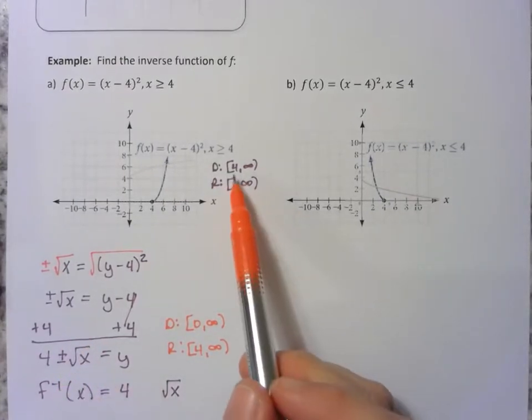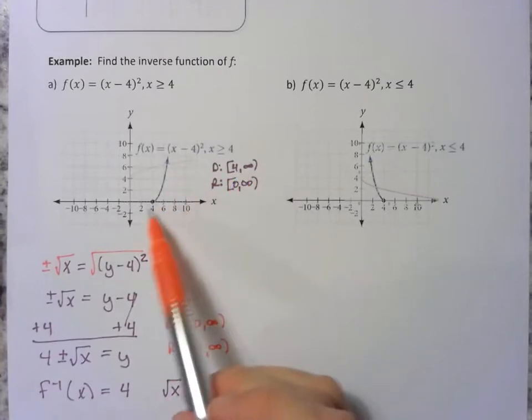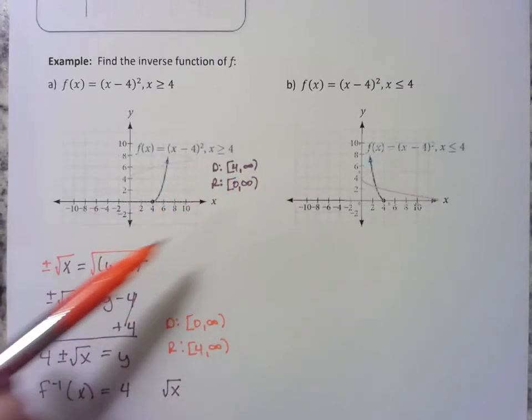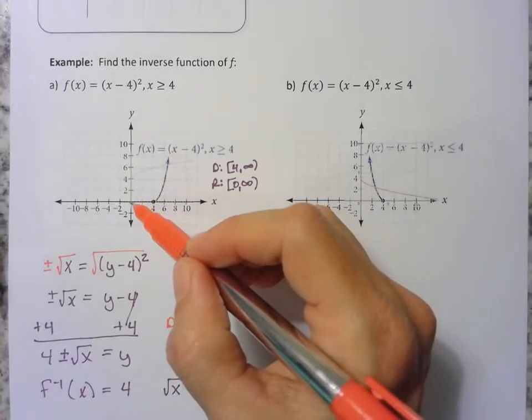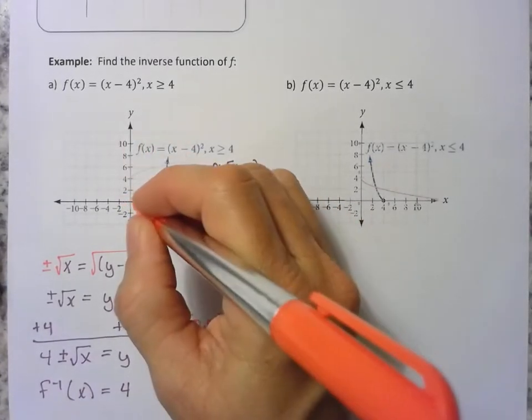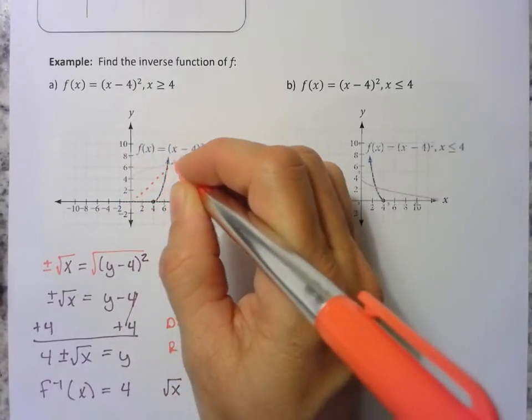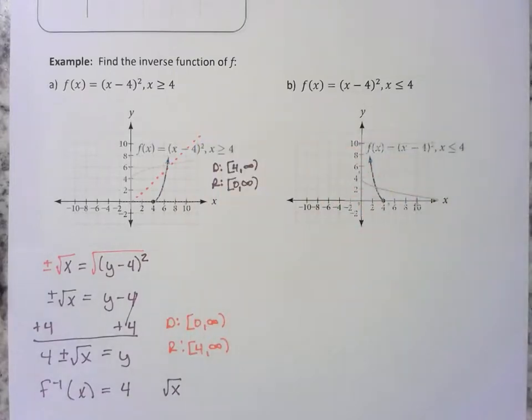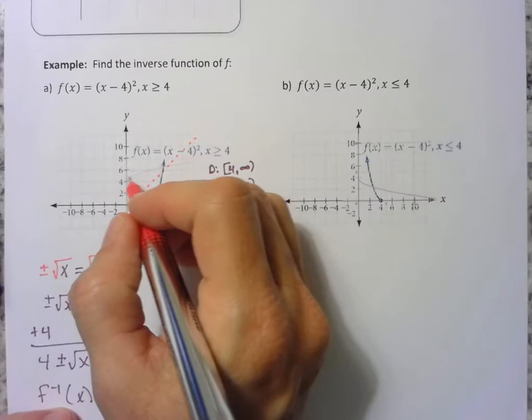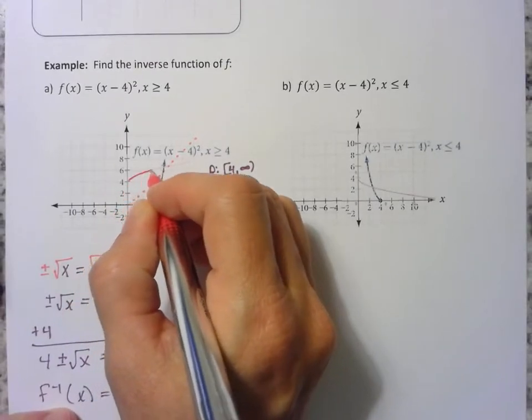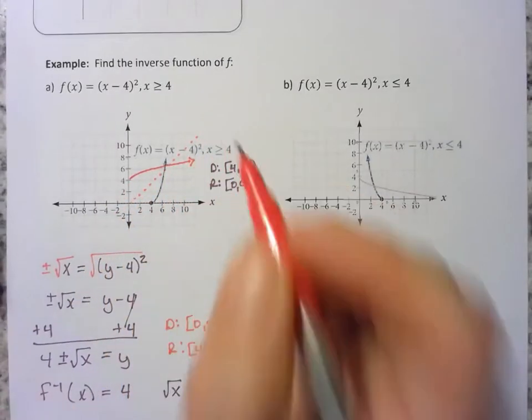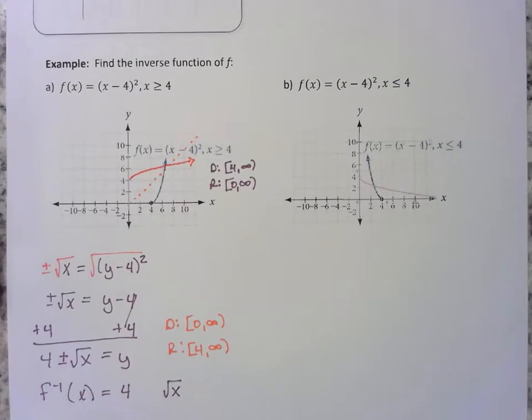The 4 to infinity means we're looking at the positive side of our function, right? If we were to reflect this graph over the line y equals x, this is actually drawn in this grid, you just can't see it, it's very light. You would get this picture as your inverse function, right?